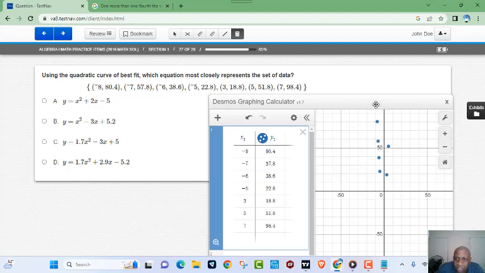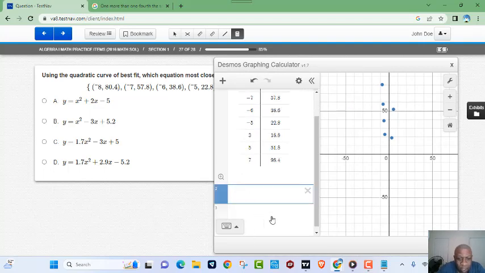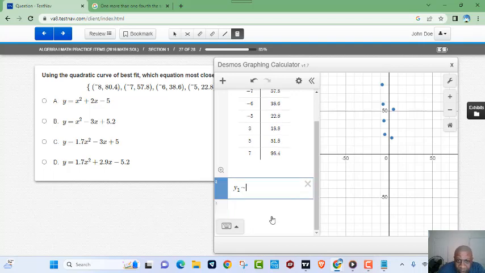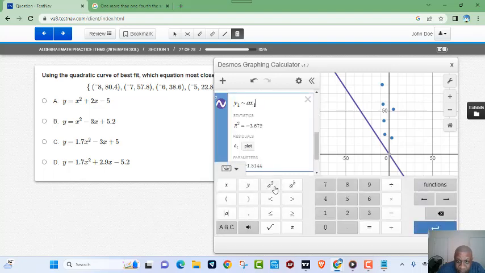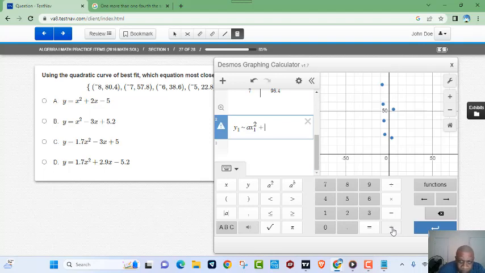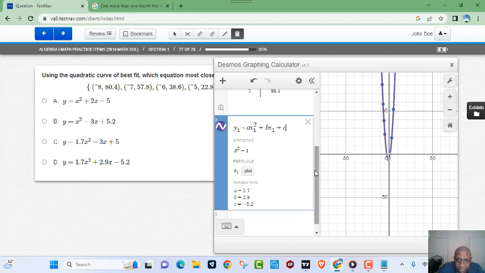All right, well, the quadratic curve of best fit we will enter right here, which is y sub 1 tilde a x sub 1 squared plus b x sub 1 plus c. All right, let me pull this down here.